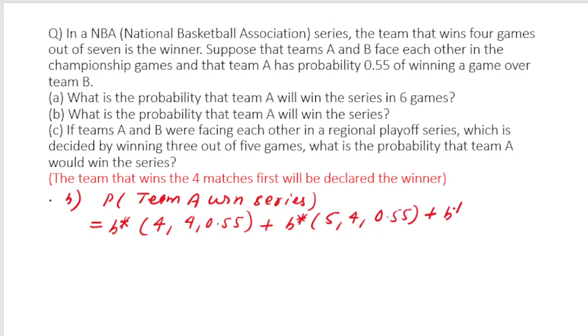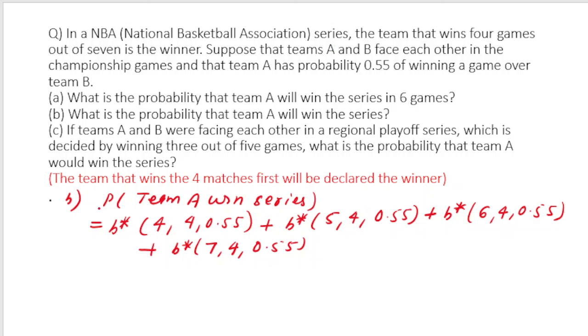Another possibility is that team A plays 6 matches and wins 4 matches with the probability 0.55. Another possibility is that team A plays 7 matches and wins 4 matches with the probability 0.55, because in total they have to play 7 games.